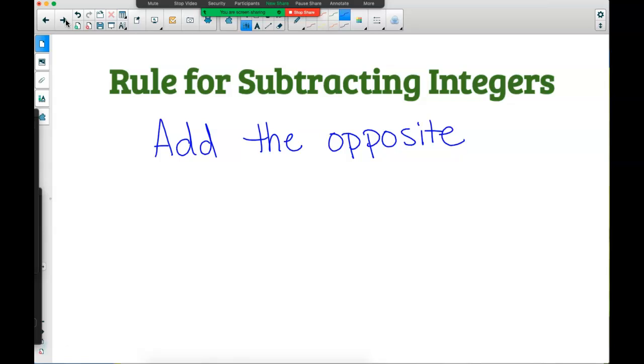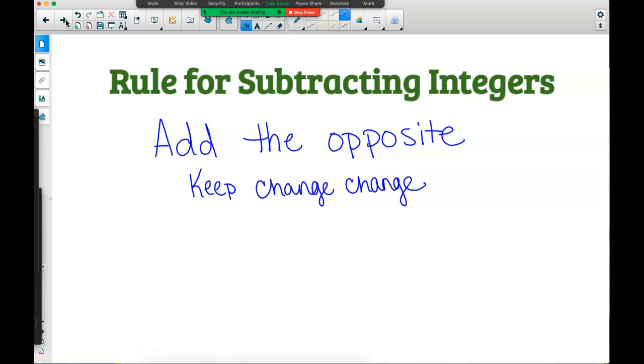Okay, this is our rule. The other way I like to think of it is keep, change, change. And I'll tell you what that means. Okay? Add the opposite or keep, change, change. How many of you have ever heard that before? Keep, change, change. Some of you have.